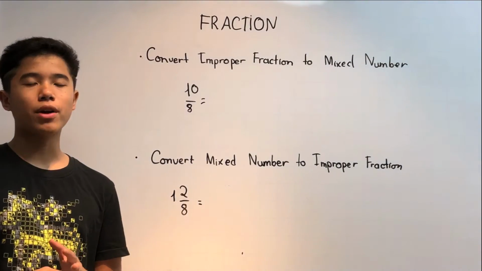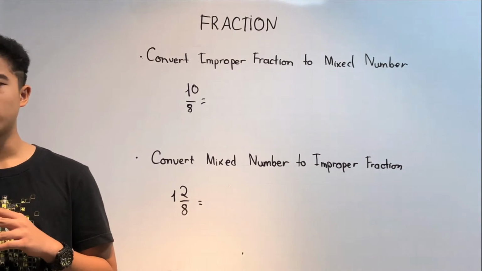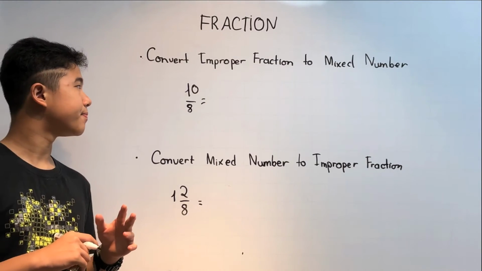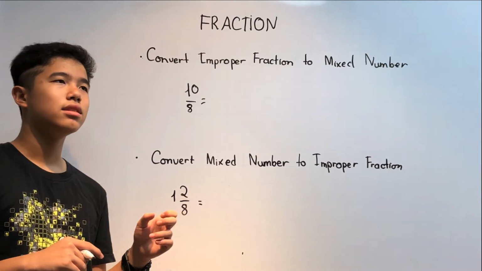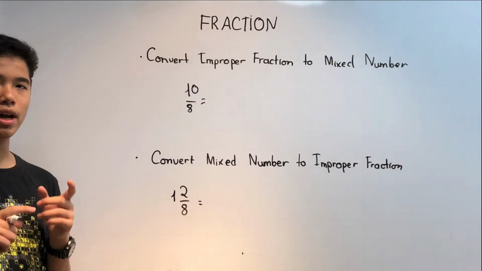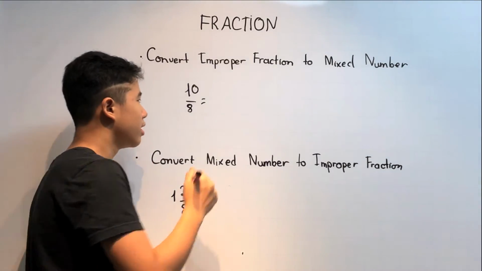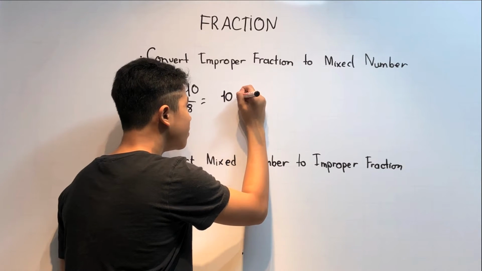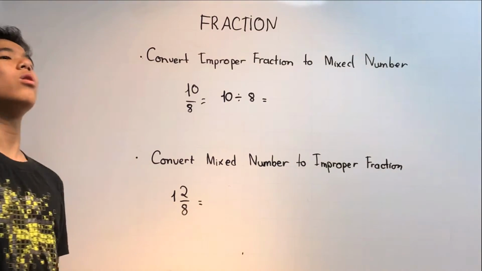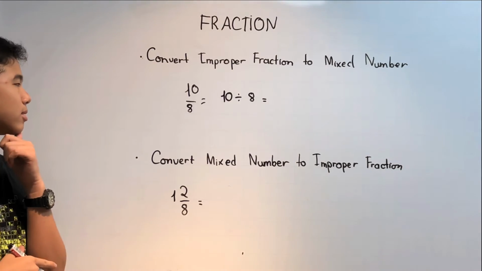First, we have improper fraction to mixed number. Let's take an example, like 10/8. The first step you must think about is to take 10 divided by 8, because a fraction is like a divide calculation. 10 is not a factor of 8, is it?